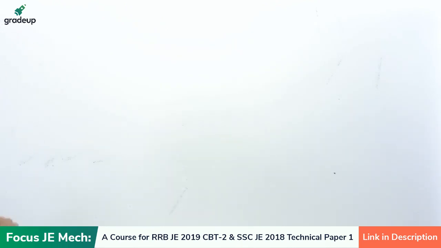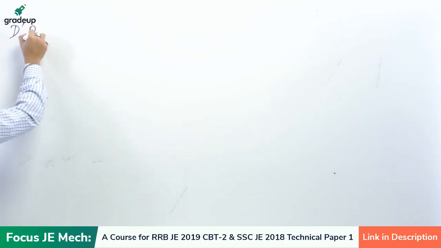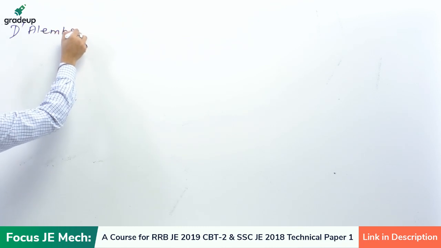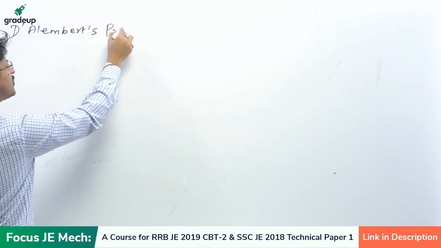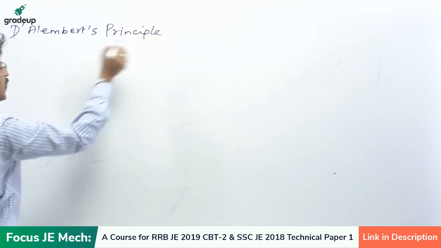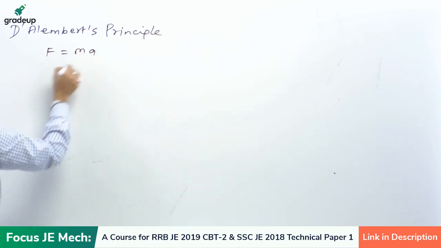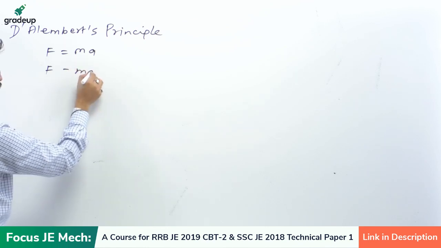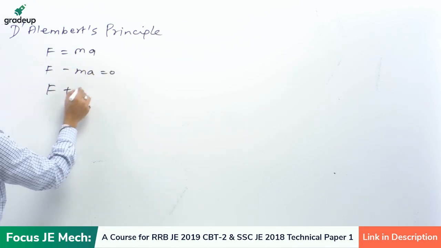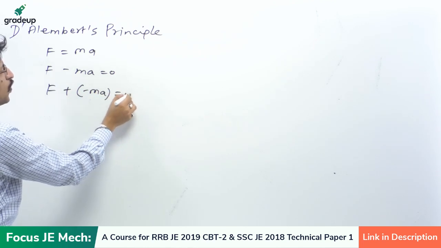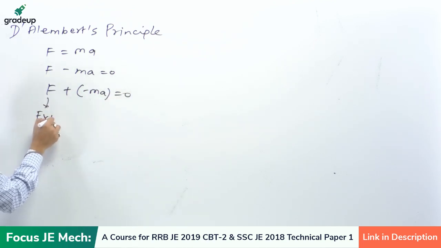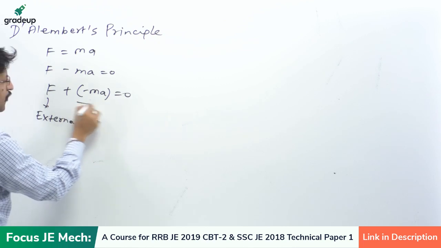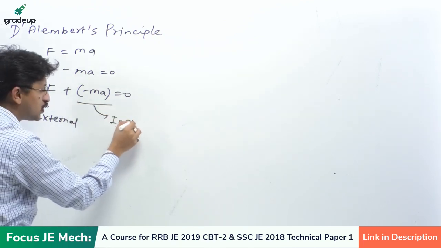Clear? Now, important: D'Alembert's principle. What does D'Alembert's principle say? From the second law only, F equal to ma is the second law, he wrote F minus ma equal to 0, or F plus (minus ma) equal to 0, where F is your external force and minus m into a he called the inertia force.